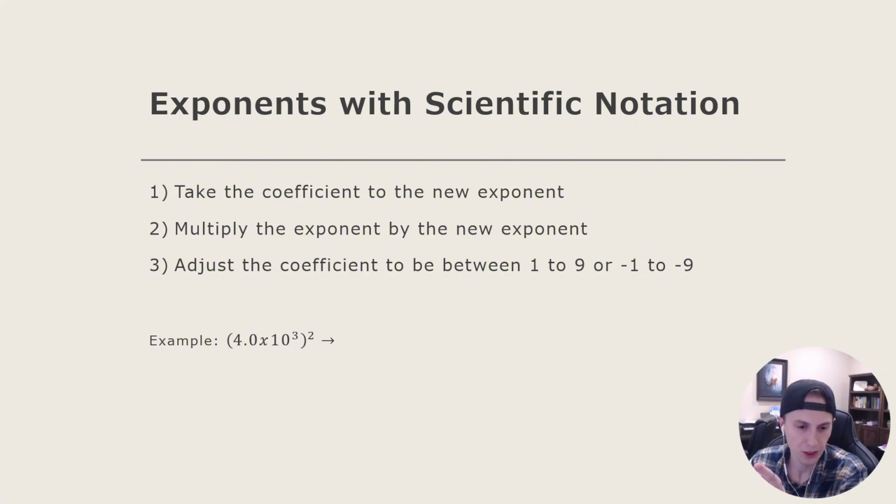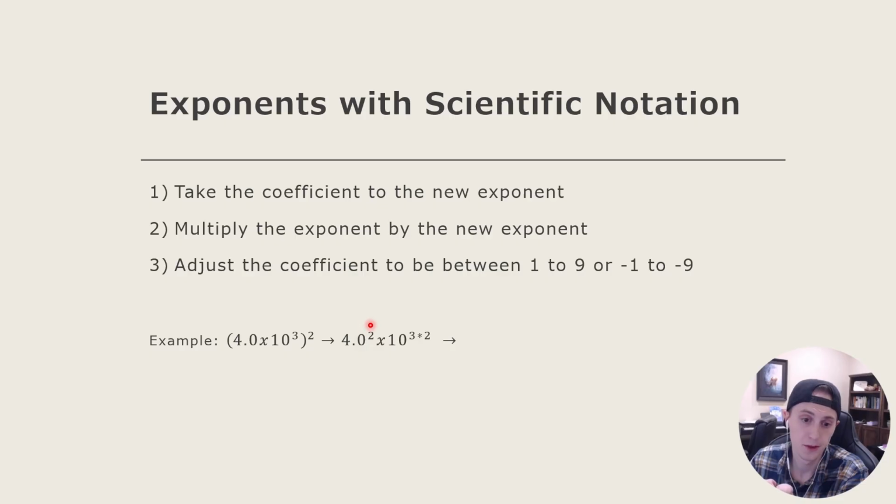Example, 4.0 times 10 to the third, squared. First, we take the coefficient to the new exponent. So let's rewrite this in a way that makes a little bit more sense by doing both step 1 and 2 here at the same time. We take the coefficient, that's 4.0, to the new exponent, squared.